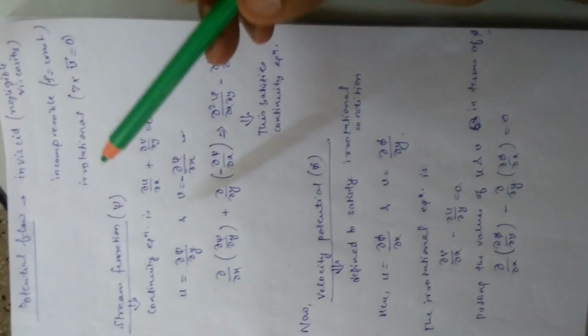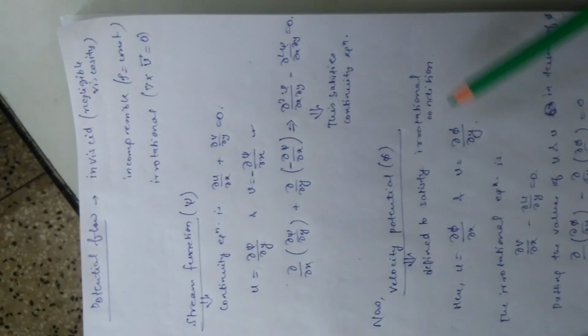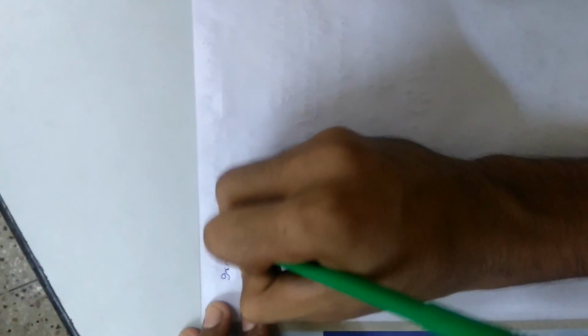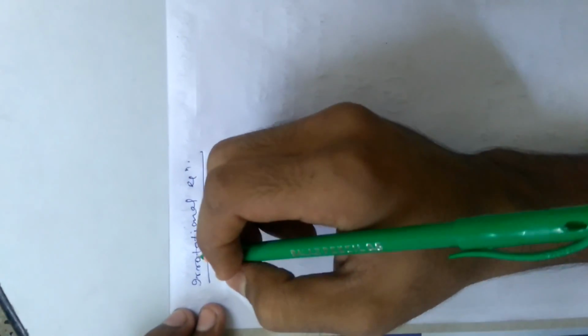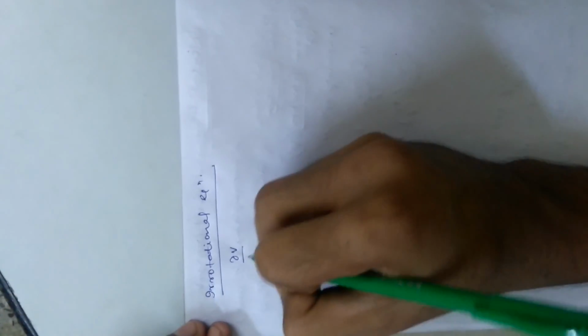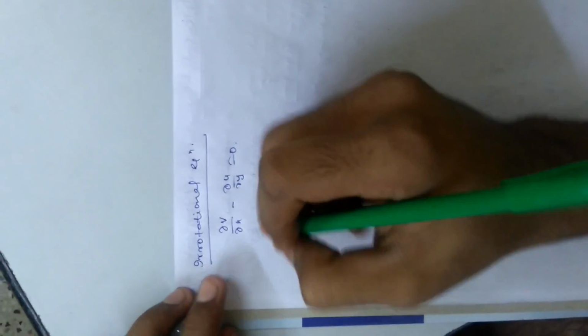Now let's see what happens if we put the value of psi in the irrotational condition. The irrotational equation was del v upon del x minus del u upon del y equals to 0.